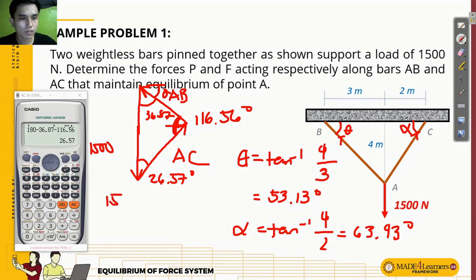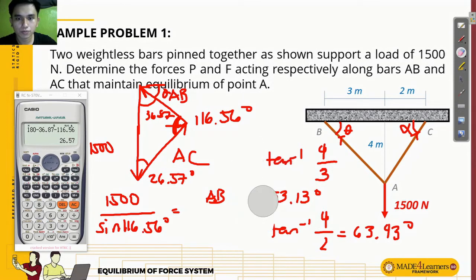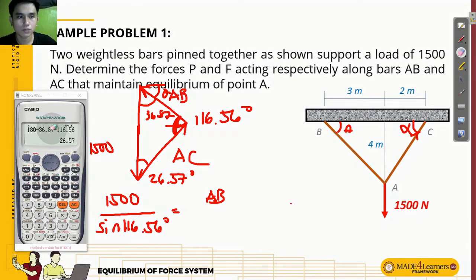So, 1,500 over sine of 116.56 degrees is equal to, okay, let's say, atong unahon ang AB. AB, okay, I will erase this one. AB over sine of the opposite angle for AB, this one, 26.57.